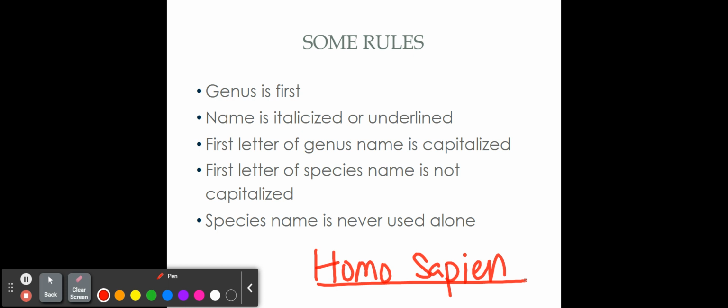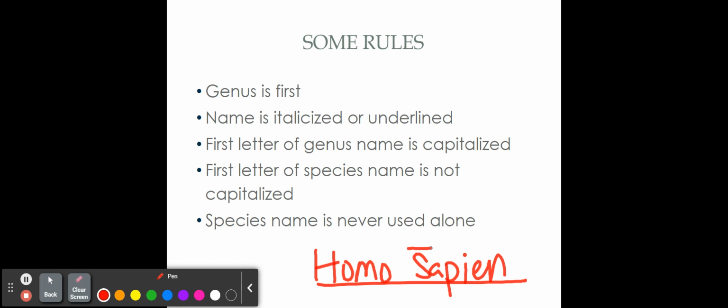That just pinpoints that you are talking about the formal name for that organism. The first letter of the genus name is capitalized, and there should be a little line up here to indicate that the species name is lowercase.